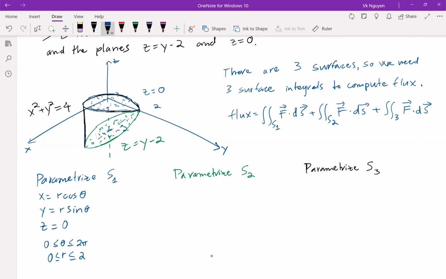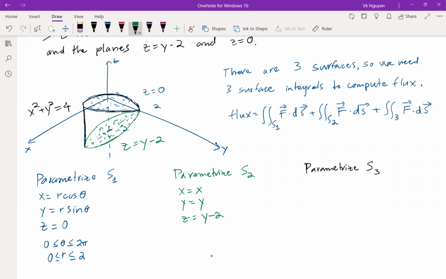Okay, so we get the first one. The second one is the plane that cuts through the cylinder. Well, if you look up here, you can just parameterize it: x equal x, y equal y, z equal y minus 2, right? And then where do x and y go from?